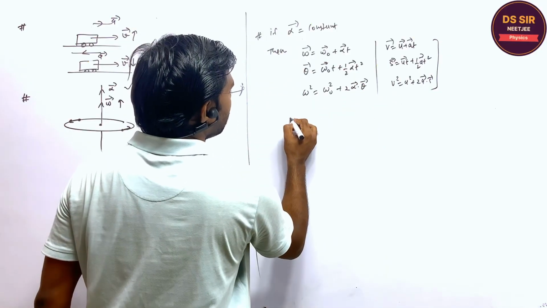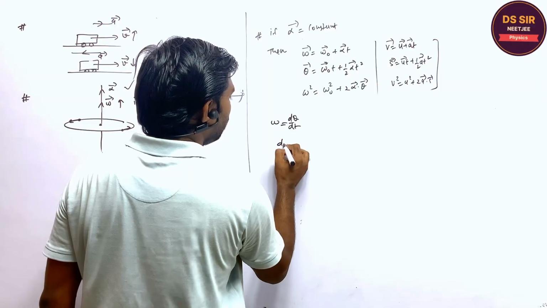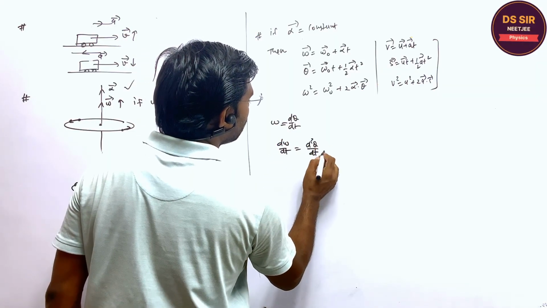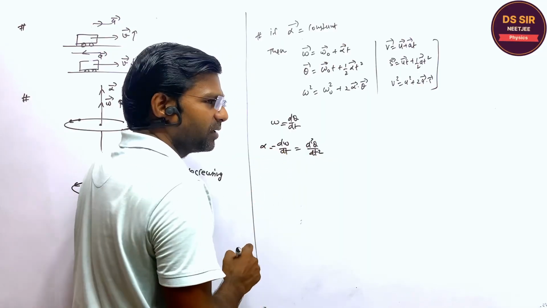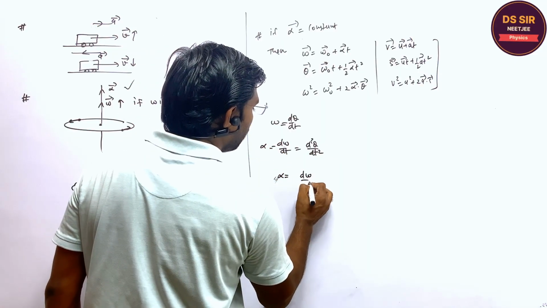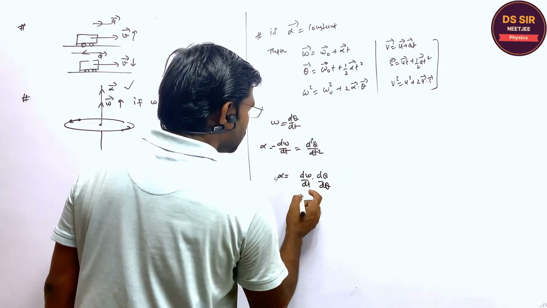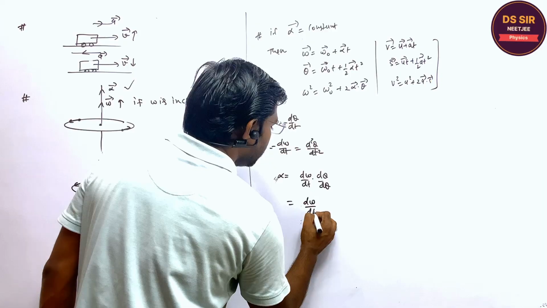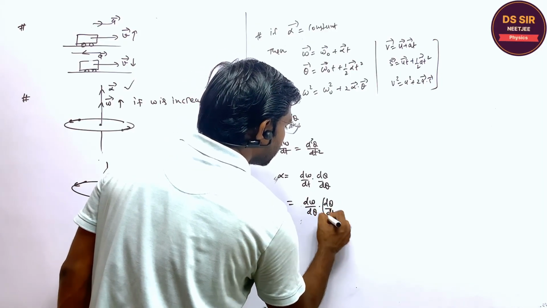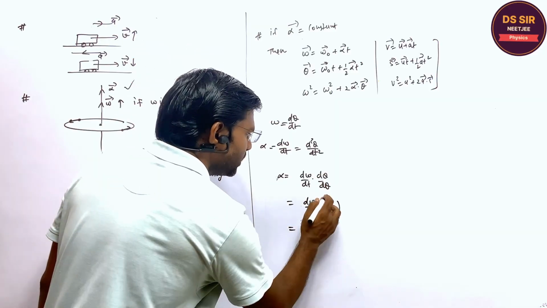One more thing: d theta upon dt gives omega, and d omega upon dt, that is the double differentiation of angular position, gives alpha. Sometimes alpha may be written as d omega upon dt into d theta upon d theta. So d omega upon d theta into d theta upon dt, multiplied and divided by d theta, gives the angular acceleration.